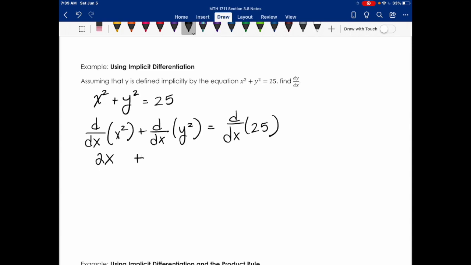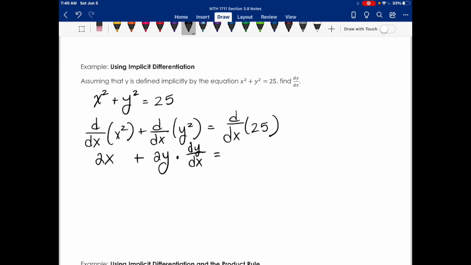When I take the derivative of y squared with respect to x, remember y is the dependent variable. So that y is some kind of inner function. So I want to make sure that I use the chain rule here. So I'm going to take the derivative of y squared, which is 2y, but then I'm going to multiply by the derivative of y with respect to x, whatever that is.